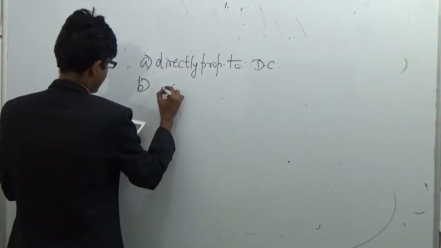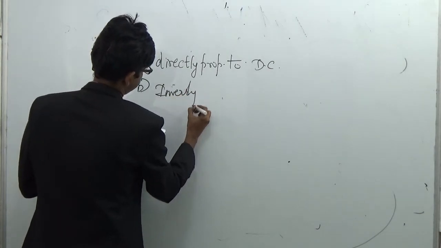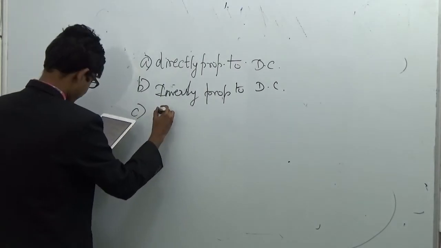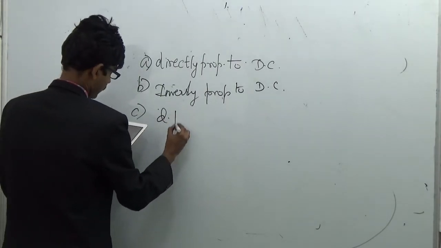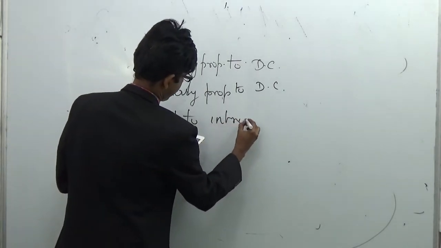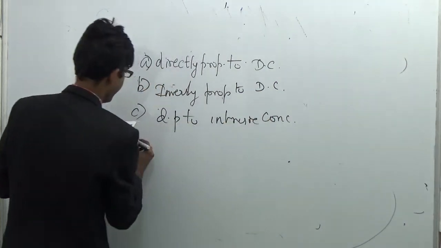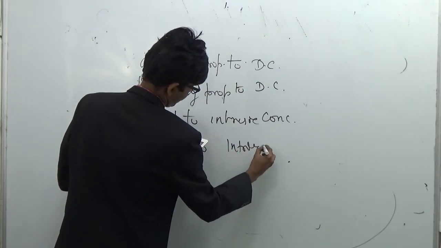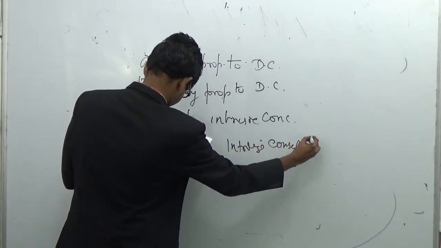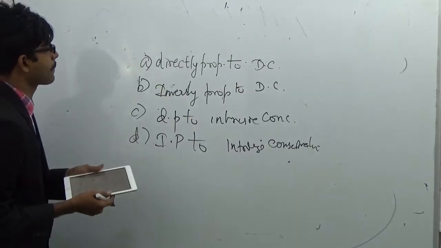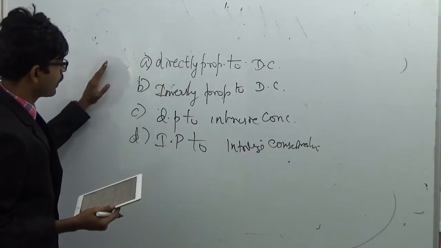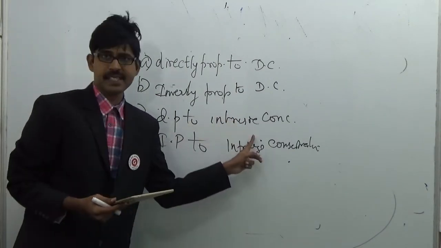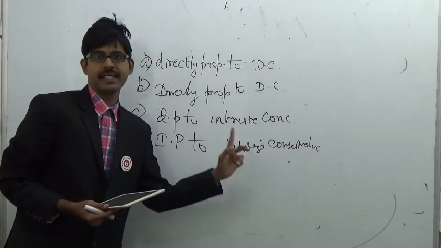B, inversely proportional to doping concentration. C, directly proportional to intrinsic concentration. D, inversely proportional to intrinsic concentration.